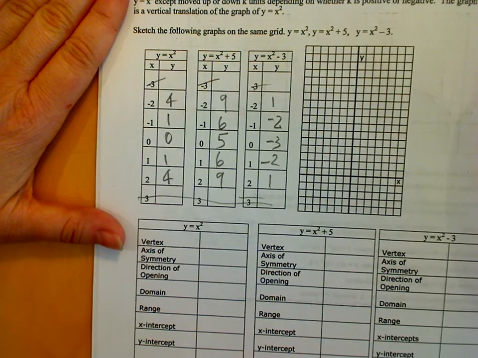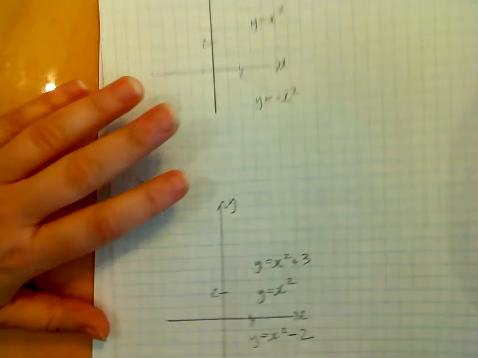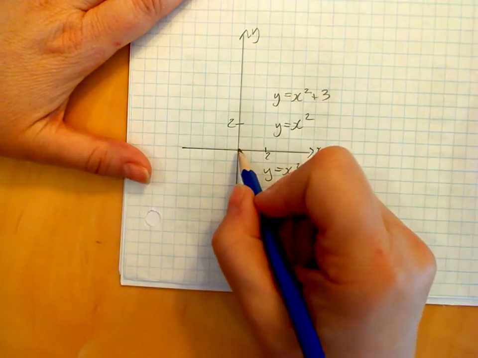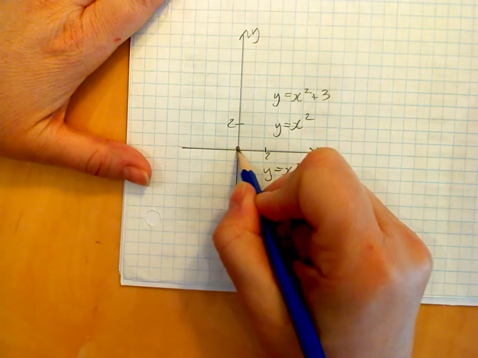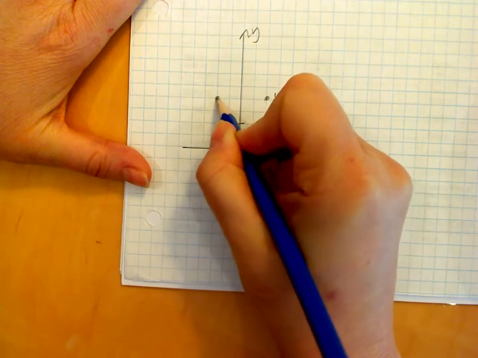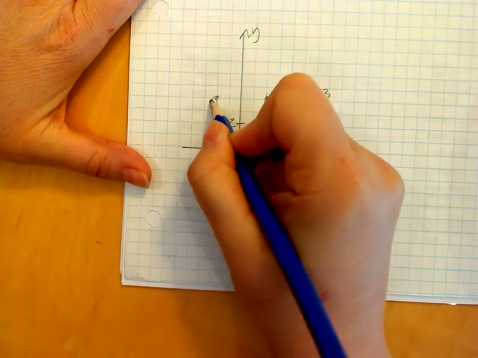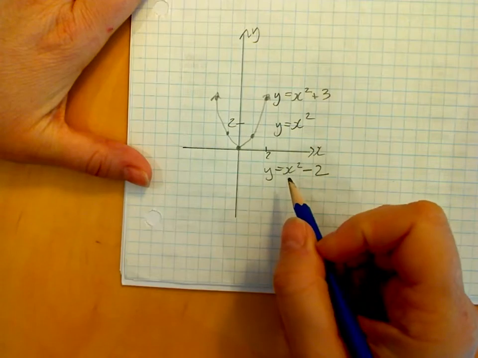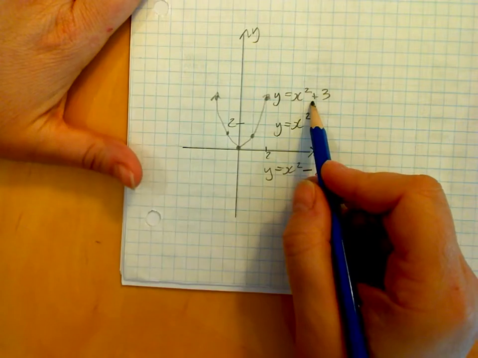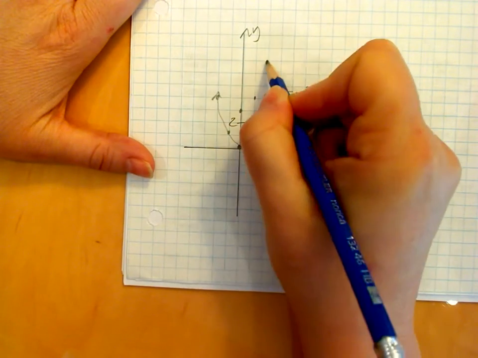I'm actually going to plot this on this paper. So when we plot this, here's what we find. We find that the 5 points of y equals x squared are there. We find that these points, when we plug it in, are here.